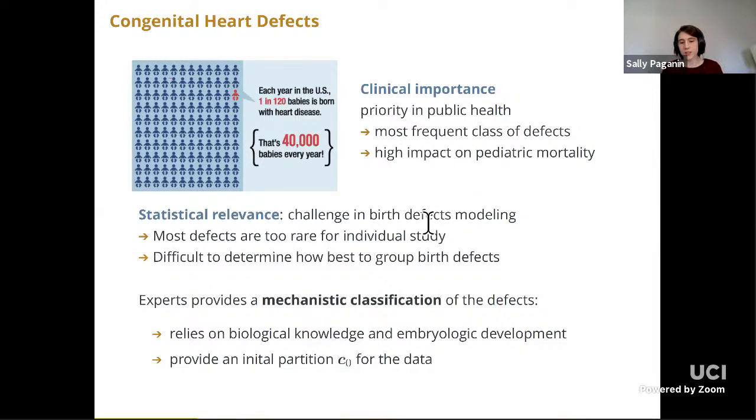This is a classification that relies on biological knowledge of how the embryo develops during pregnancy, rather than anatomic features of the heart. The long story short is that parts of the heart develop together during pregnancy, so if something goes wrong in that phase, this can lead to one of the defects in this group, for example.